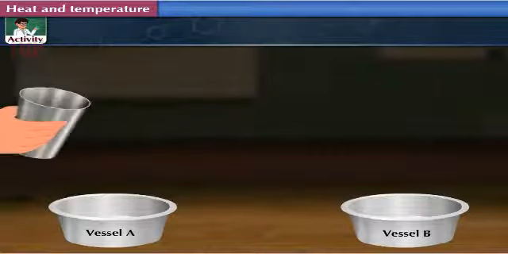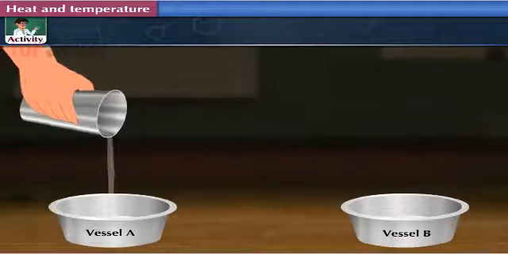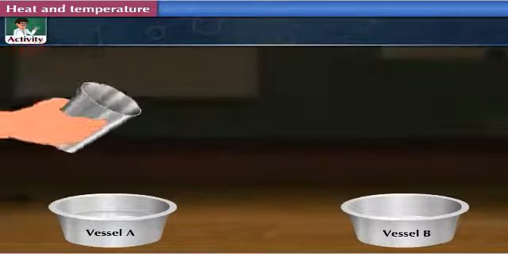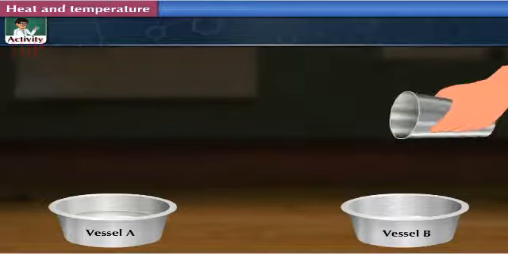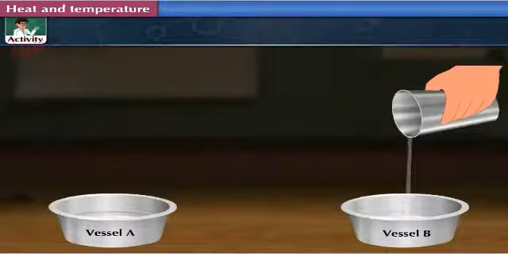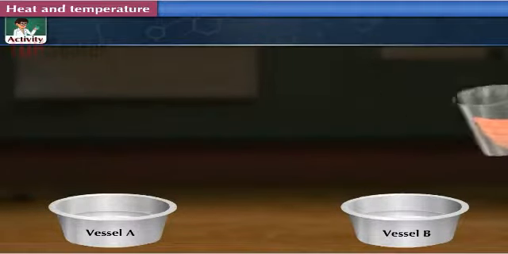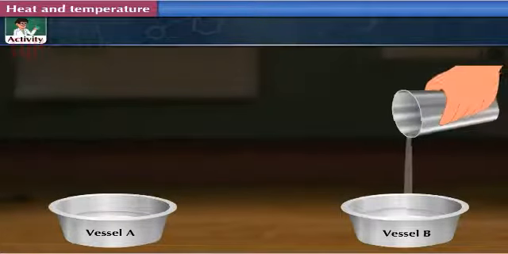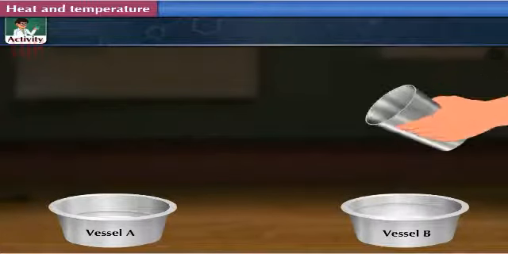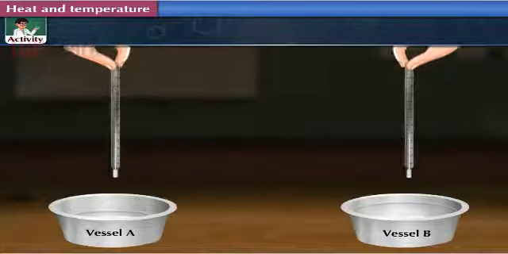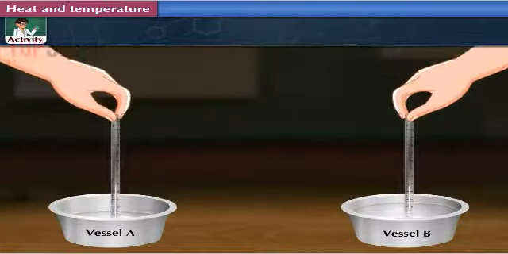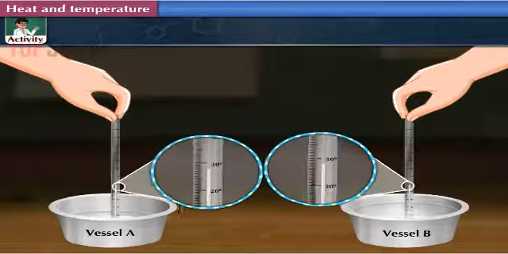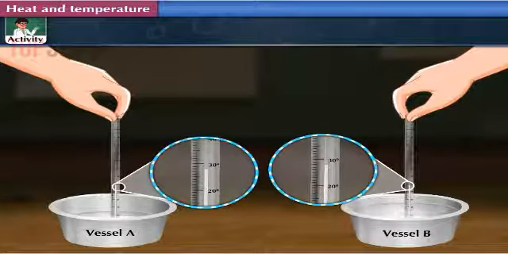Now, let us pour a glass of water in vessel A and 2 glasses of water in vessel B. Let us now measure the temperature of water. Water in both the vessels are at the same temperature. It is 28 degrees Celsius.